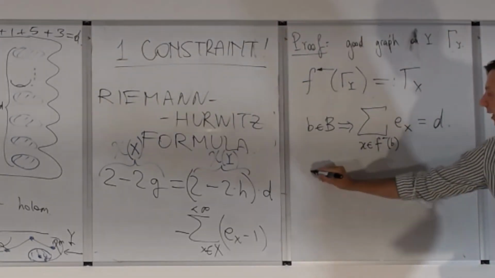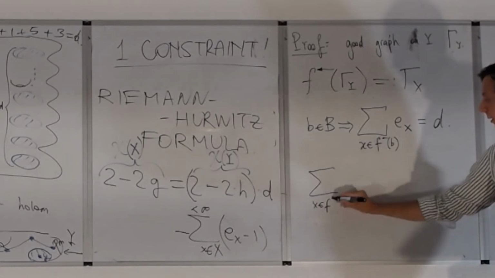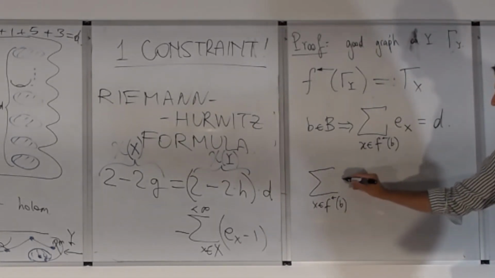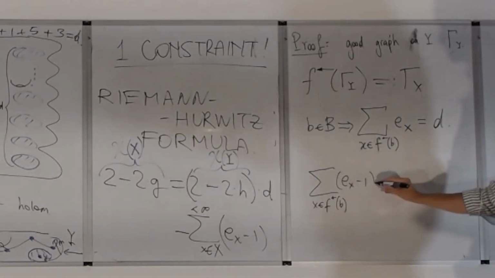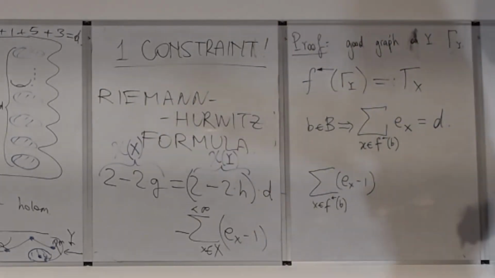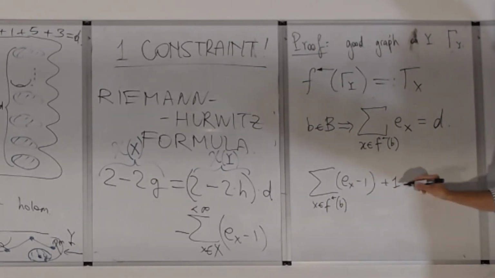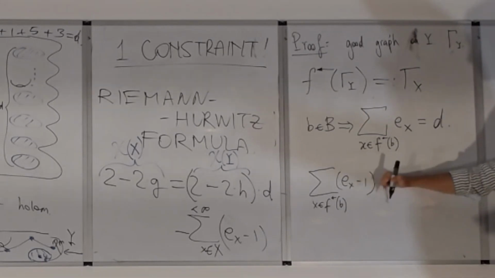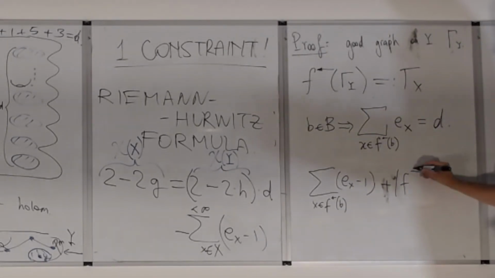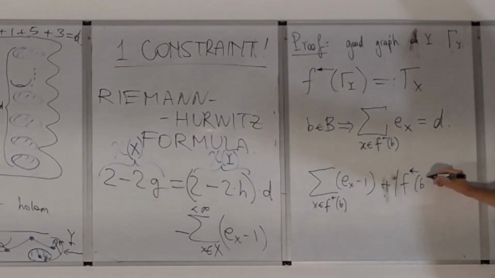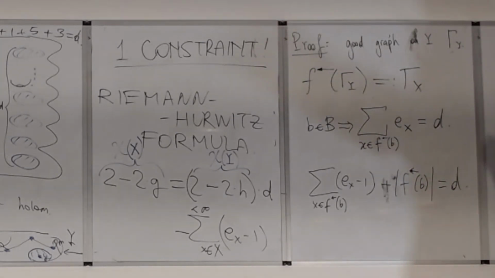I want to write now the sum of the same thing, x in the pre-image of b, but now I want to write e_x minus 1, because I want to prove this formula. So if I write minus 1, I have to write plus 1. But if I write plus 1, I can bring it outside of the sum, and instead of writing plus 1, I can write plus the cardinality of this. Yes, this is an epic moment, so we need some epic music.